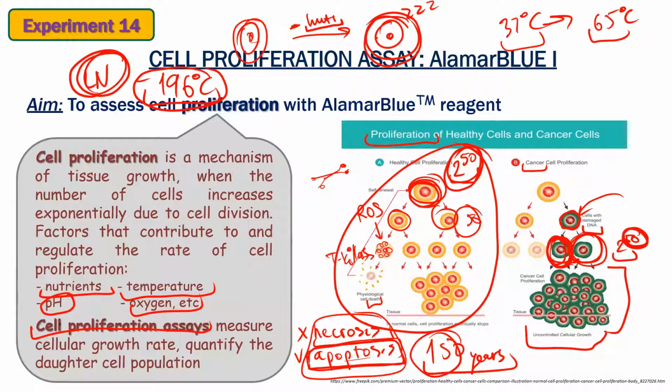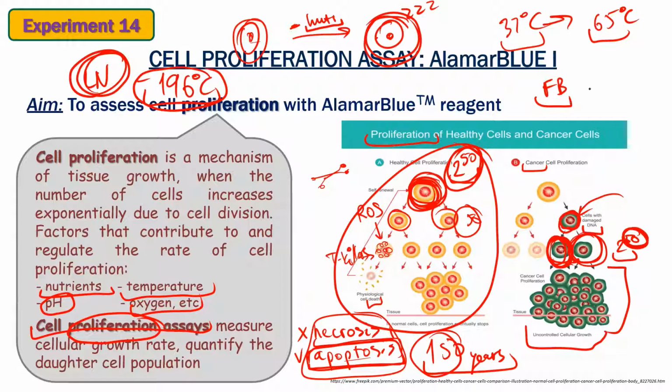Okay, so now when we know about the proliferation and what it is, so the increase in number, not in size, but in number, okay? So it is called proliferation, and you want to understand how the proliferation happens in this particular cell type that you are using for your experiment. So let's say you are using fibroblasts, and you should expect it to behave differently in terms of proliferation to the cancerous cells.